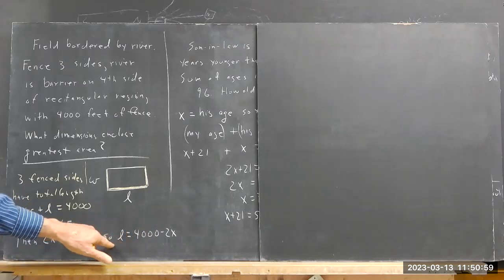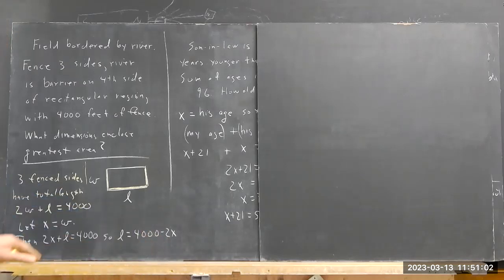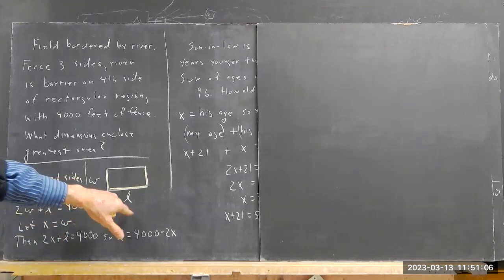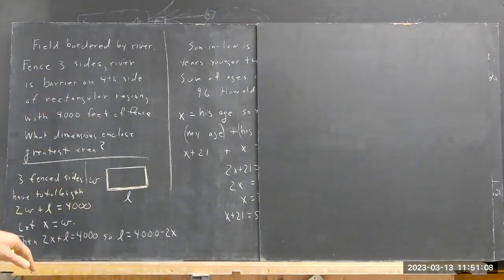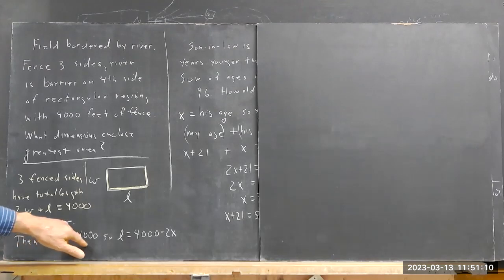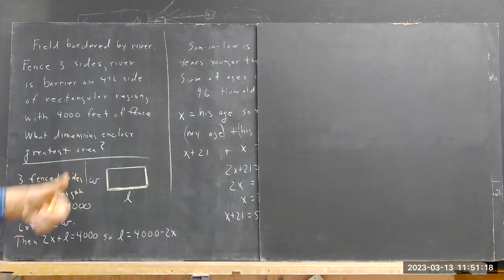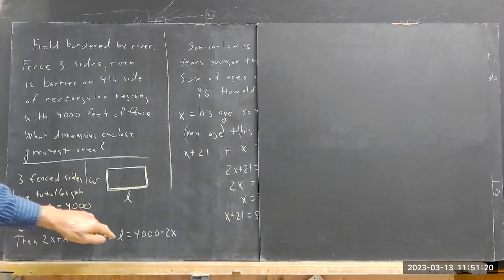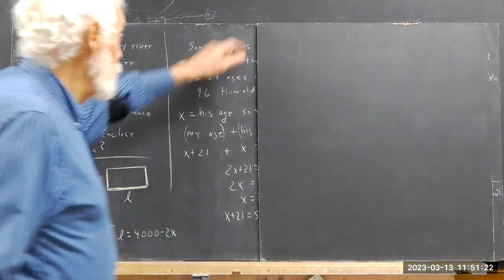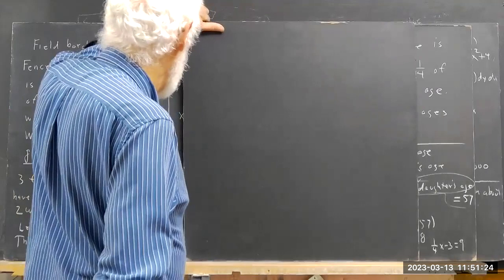Now, some people did it this way. L is 4,000 minus 2X, and X was the width. Some people let X be the length, in which case you have 2W plus the length equals 4,000. You solve that for the width, and you're going to get 2,000 minus X over 2. So either way, you come out with expressions for the length and the width.